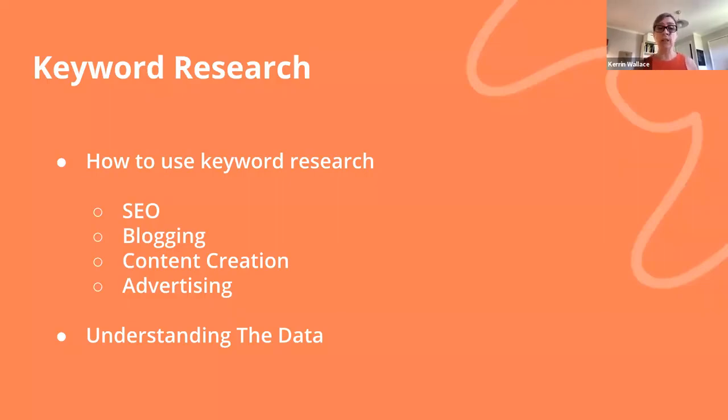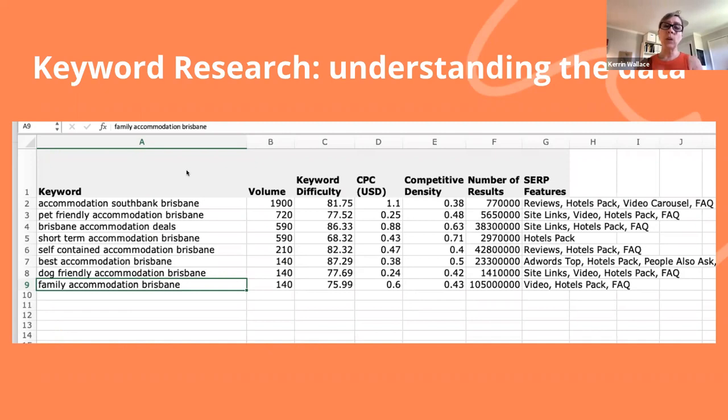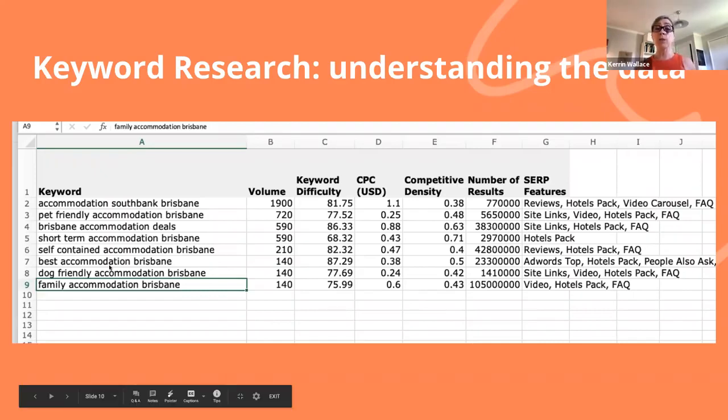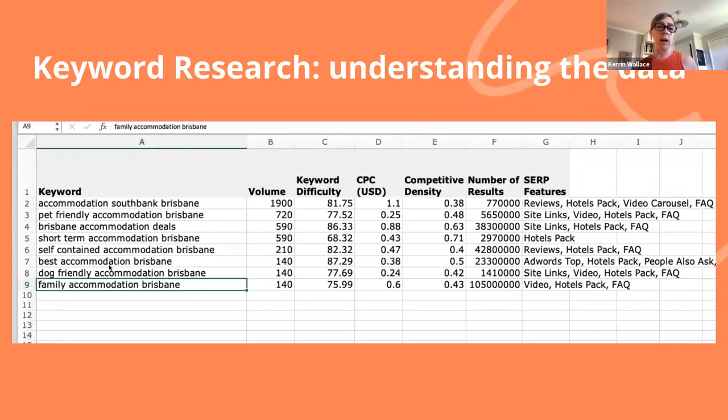A really effective SEO strategy incorporates blogging, content creation, obviously your website, and advertising, especially with Google Ads. When you do your keyword research, you'll be able to export it into an Excel spreadsheet or into a CSV file.